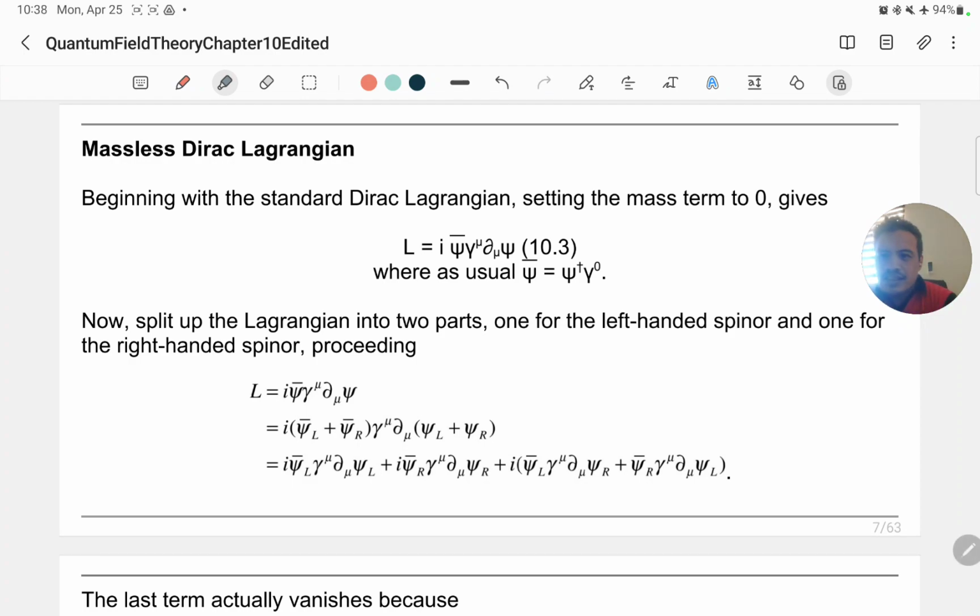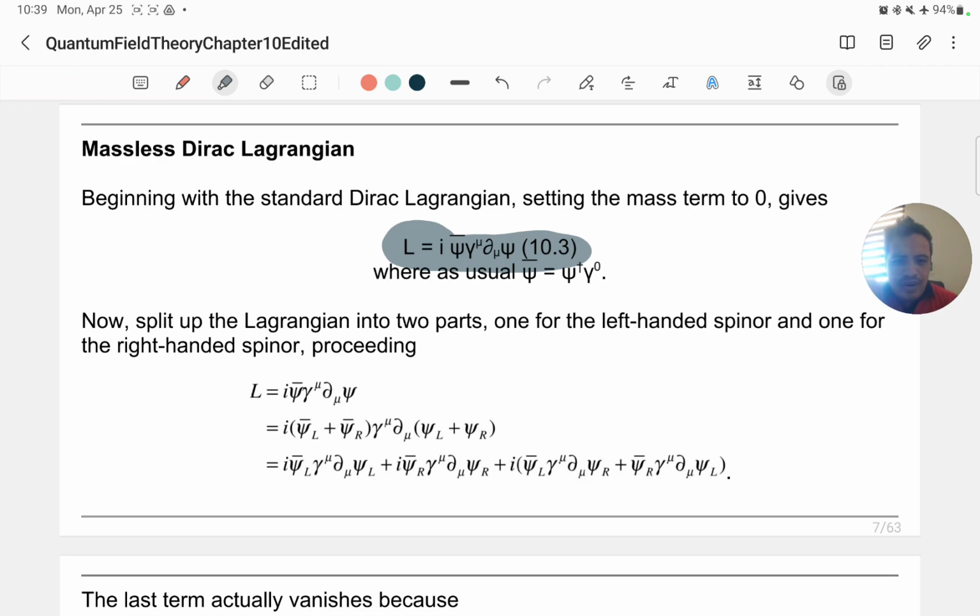Now we set up a massless Dirac Lagrangian, and we begin with the standard Dirac Lagrangian and set the mass term to 0. And this is now our form of the Lagrangian. So this is just your Lagrangian equal to i psi bar gamma mu derivative of psi with respect to x mu.